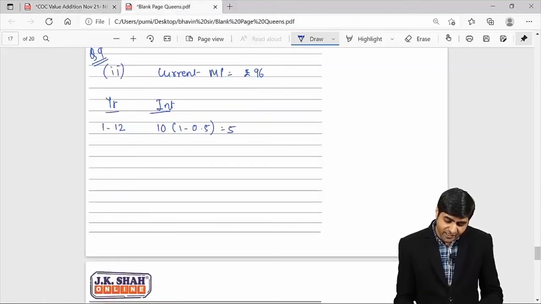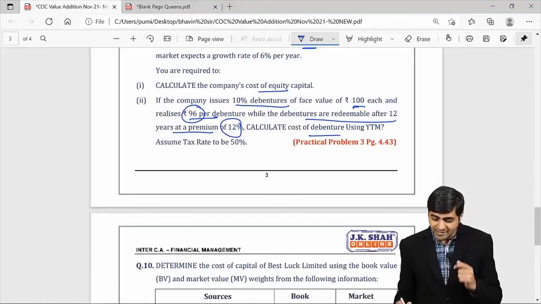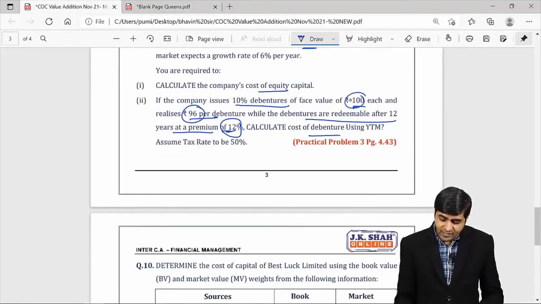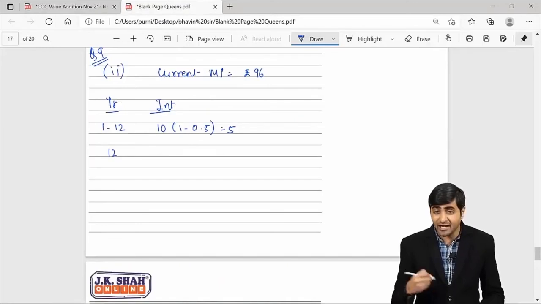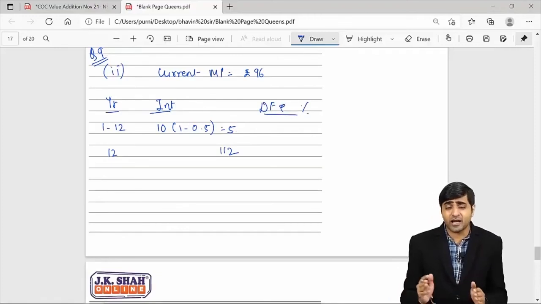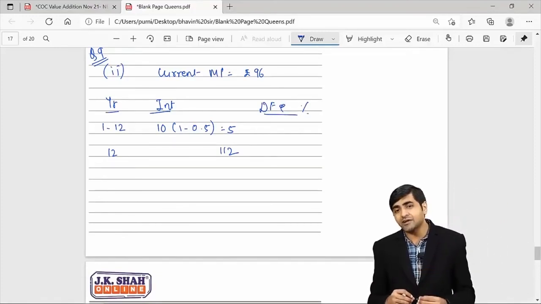So this will be 5, and guys, at the end of the 12th year, we'll be redeeming this at a premium of 12%. So your face value is 100 and we'll be redeeming it at a premium of 12%. So this will now become 112. Okay. And guys, this will be your series of cash flows. We have to discount it. So when the interest per annum is going to be constant over the period of 12 years, we can definitely use the annuity factor.